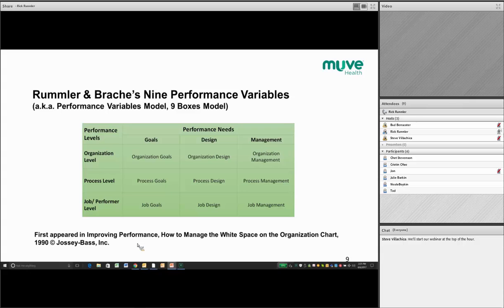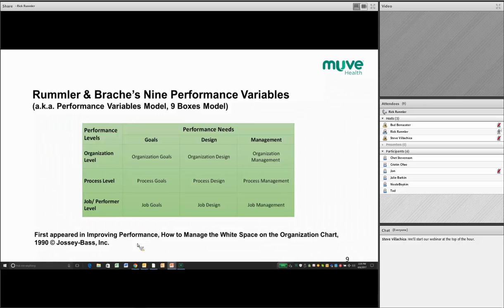It's interesting that in the book Improving Performance, where it was first published, there was no description of how to use it. It was a great framework for organizing the content in the book, but there's not an applied logic sequence for how you would deploy it. So I'm excited to talk about that a little bit for the first time with this group and get your experience as well.